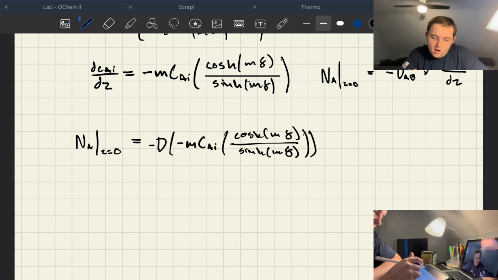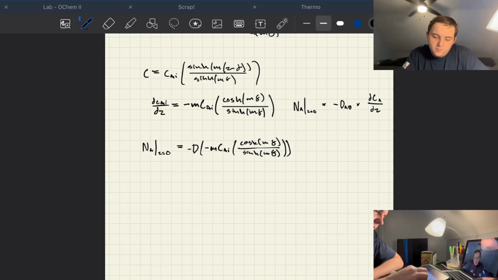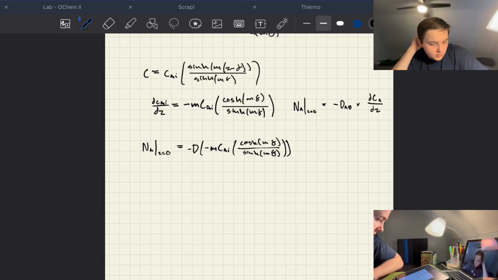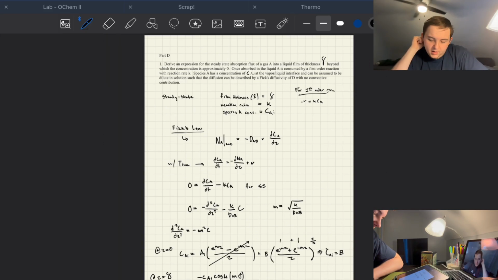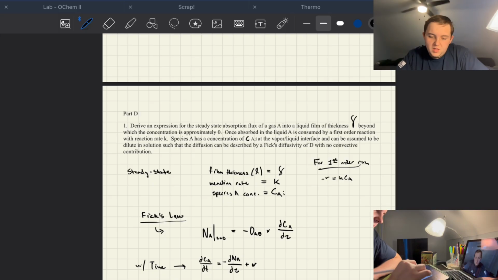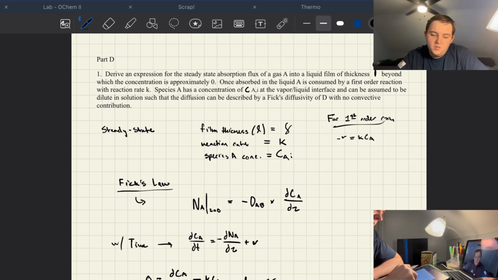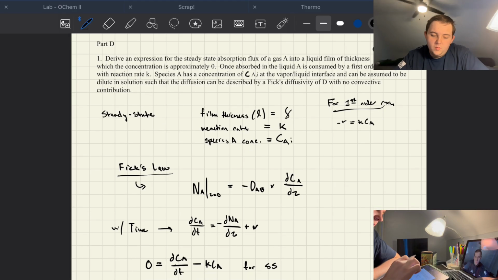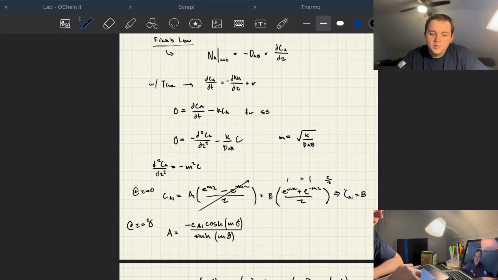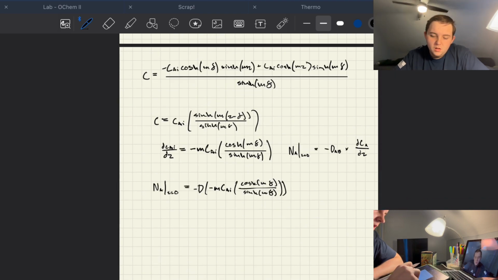So there we go. We basically just derived the expression, like it says, using differential equations, and we did this with no convective contribution.